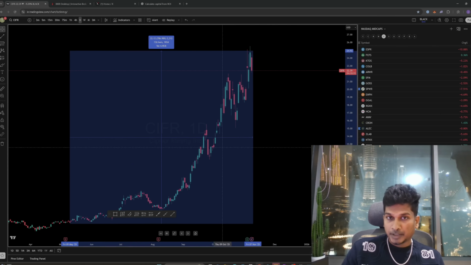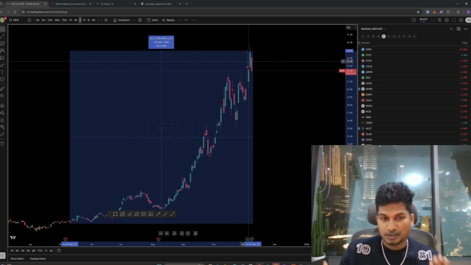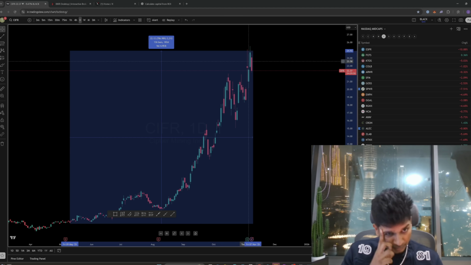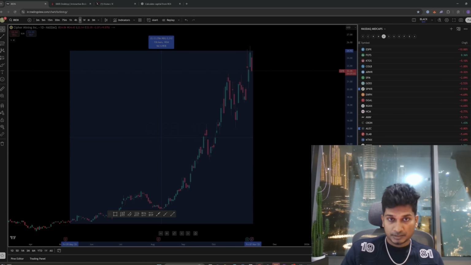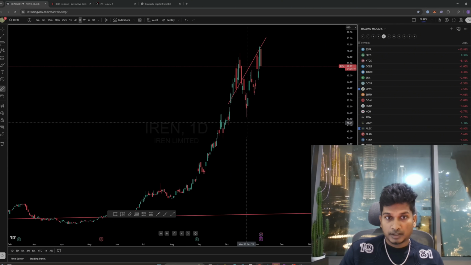These are Bitcoin mining stocks, which are used to earn Bitcoins, but now they have moved into AI. They are using the mining to power the chips or the data centers, because they require a lot of power. So Cipher Mining, Iron, these are really good companies that have done really well in the AI theme.